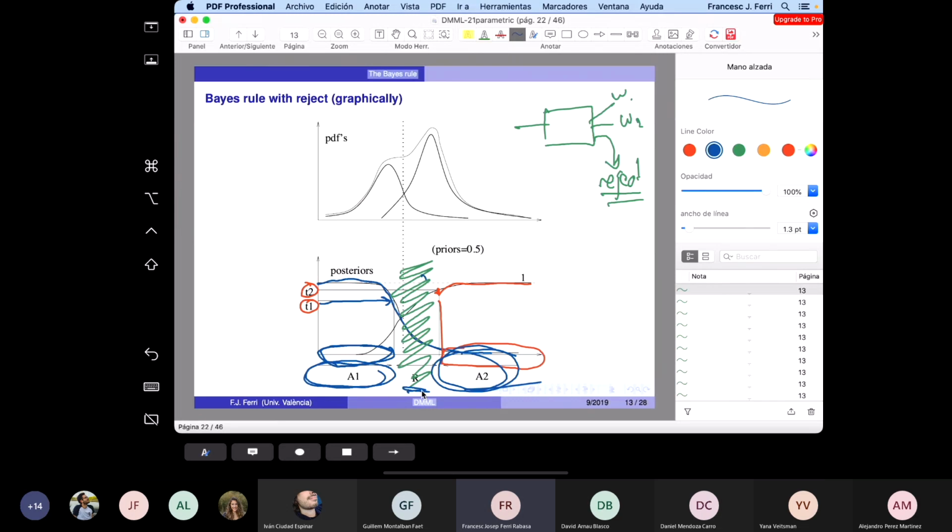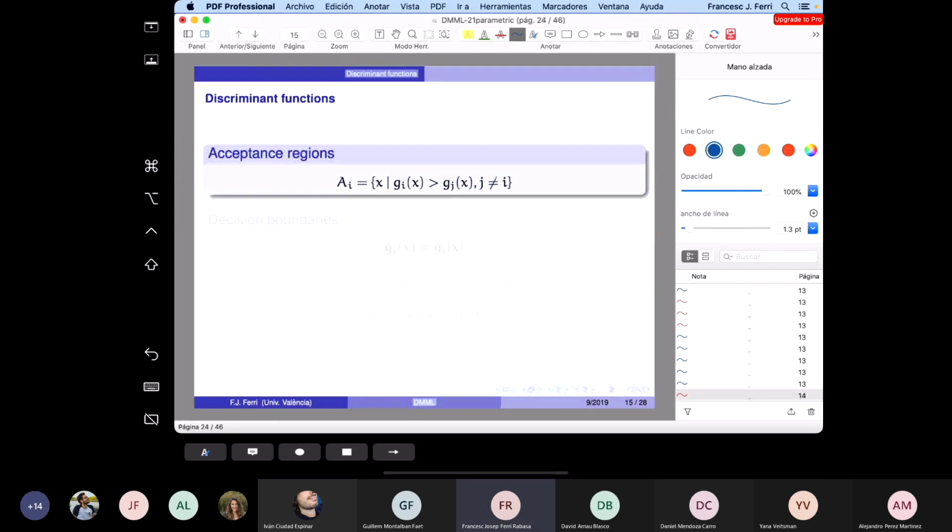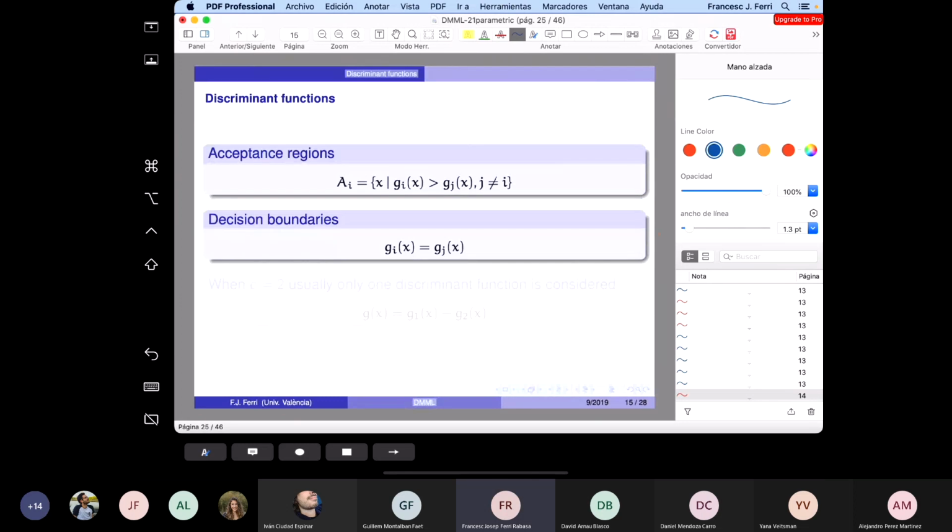In this case, we have a reject region. The decision boundaries correspond to the places where two of the discriminant functions are equal.